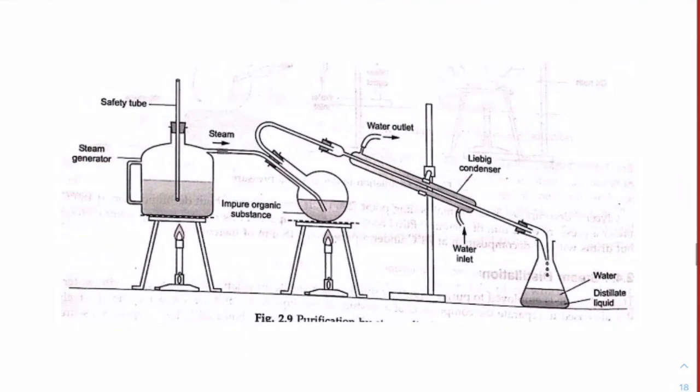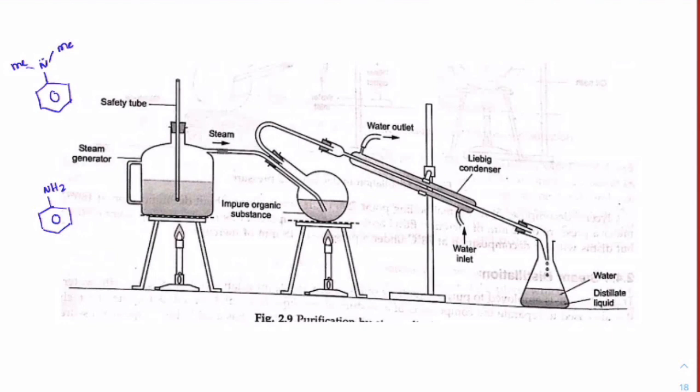Suppose you take aniline, NH2, or maybe an aniline compound with two methyl groups like this. Got it? If you see this compound, it already has a high boiling point. Second thing, it is immiscible in water. It is not going to get dissolved in water that easily.